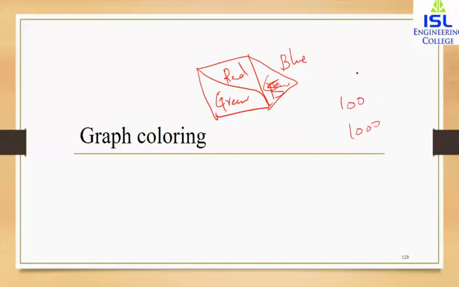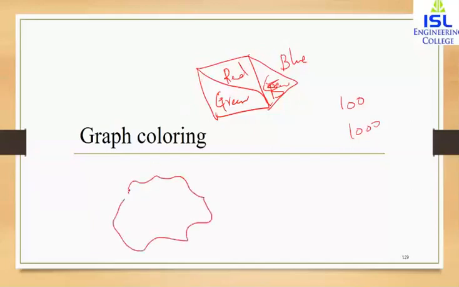So consider the problem of determining the least number of colors so that adjacent regions of a map never have the same color. So let's see that. Now suppose that we have a map in this way.